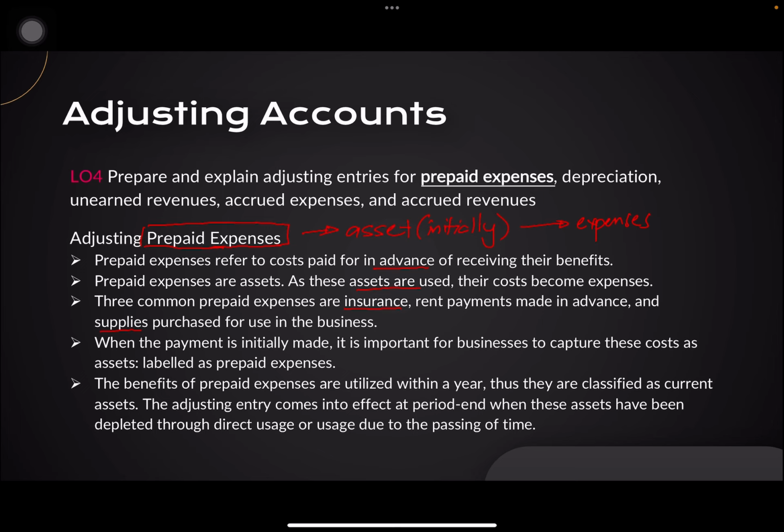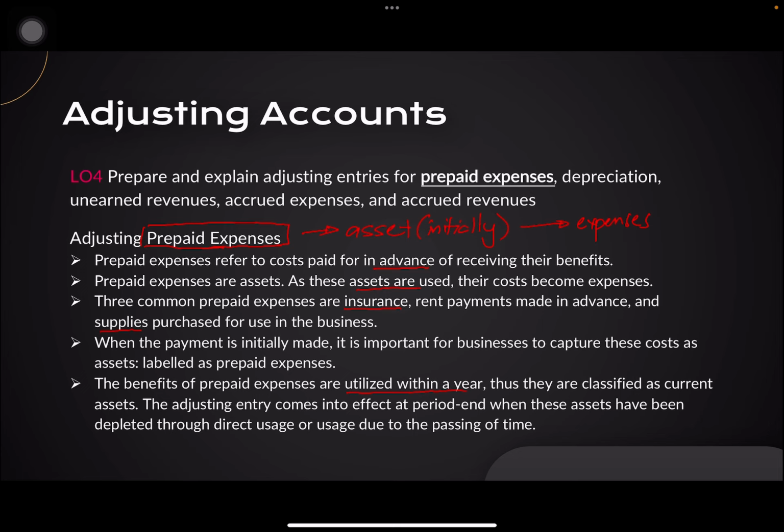So for every prepaid expense that you have, such as prepaid insurance, prepaid rent, and supplies, this will be classified under the basket of prepaid expenses. The benefits of prepaid expenses are utilized within a year. Thus, they are classified as current assets.